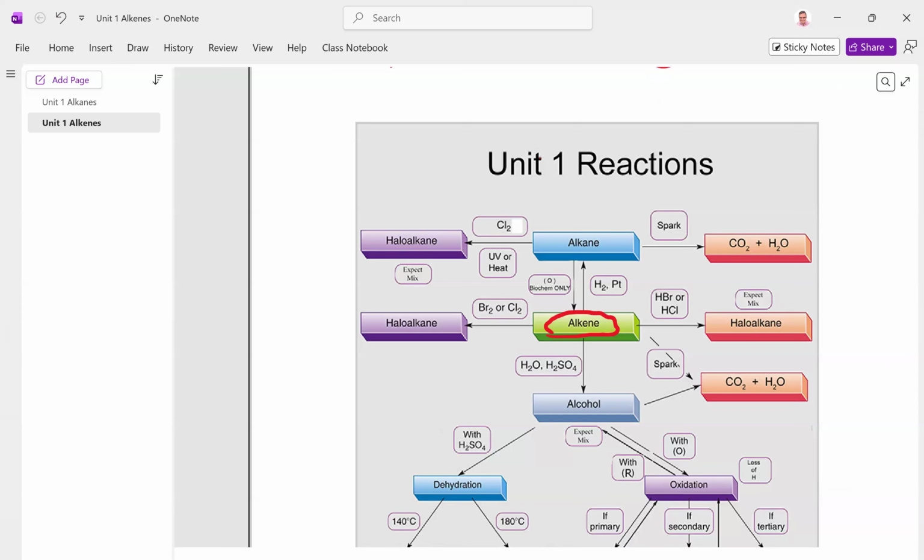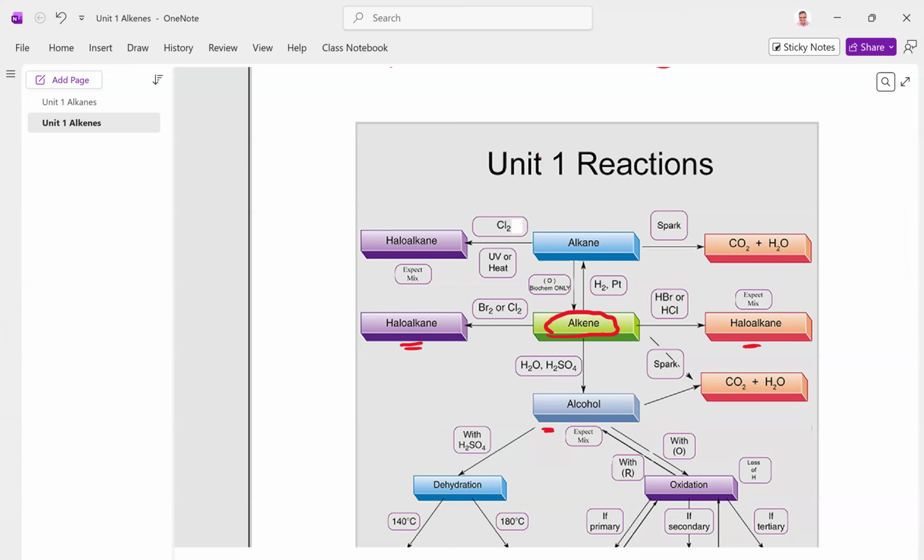Okay, so let's figure out what we're trying to do here. I'm going to talk in a minute about addition reactions, which is this one over here, and this one over here, and this one down here. Notice that in all three of those, the alkene is at the tail.